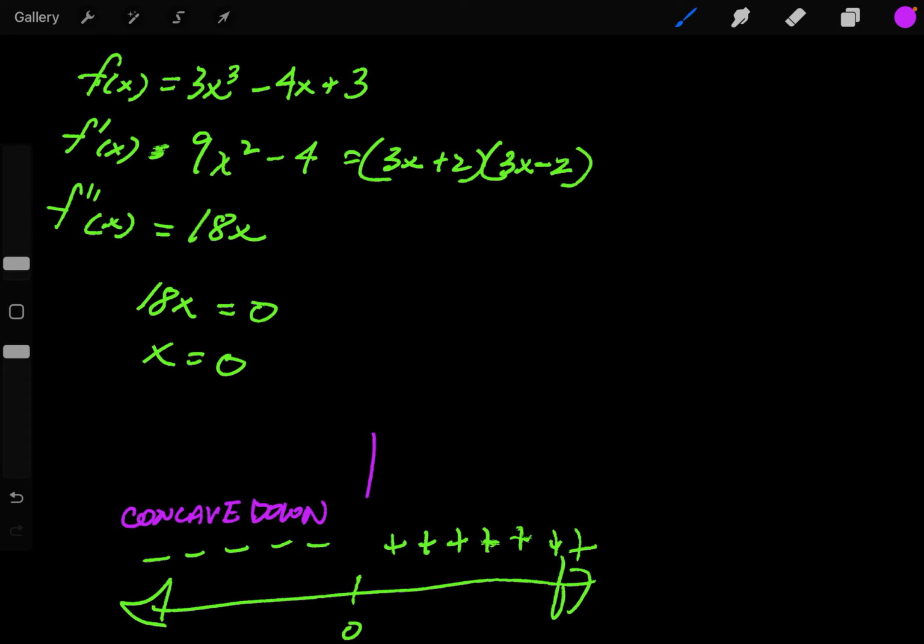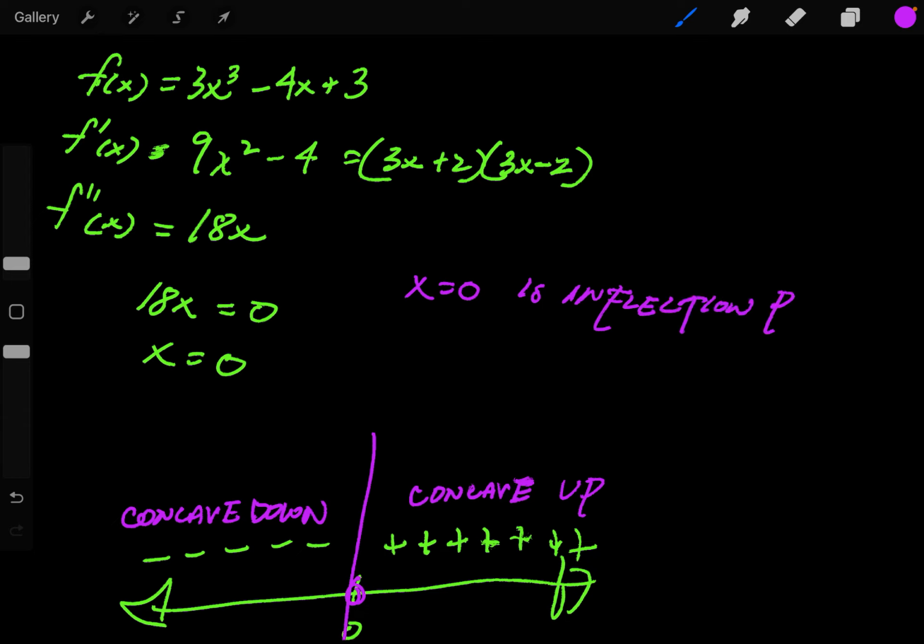And then over here, it's concave up. And it's switched its concavity at 0, which means that x equals 0 is an inflection point because it changed its concavity at that point.